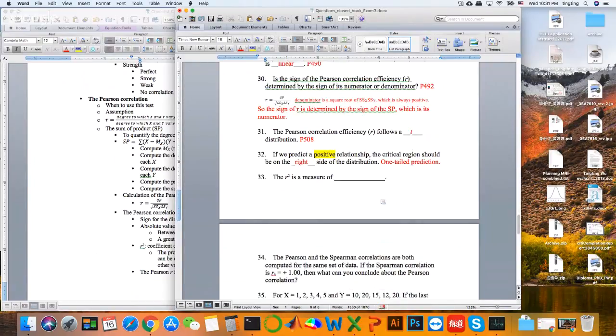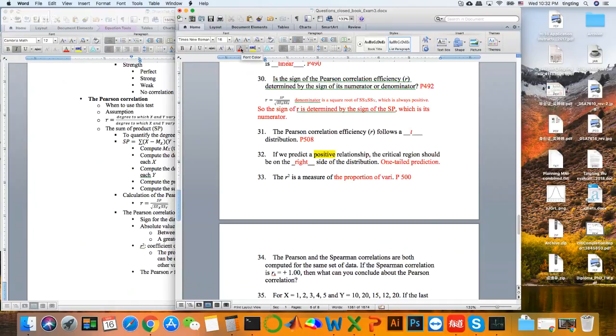Here, the R square is a measure of what, right? So you can find this at page 500. R square is a measure of proportion.